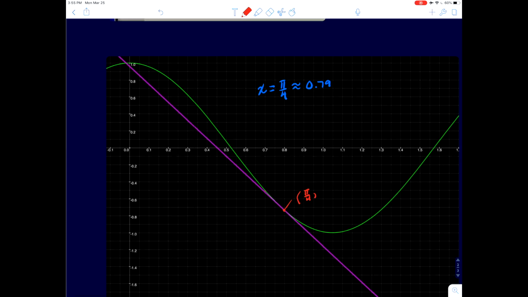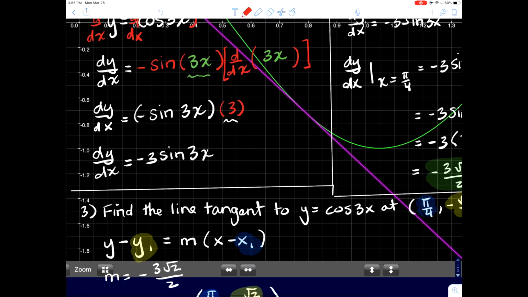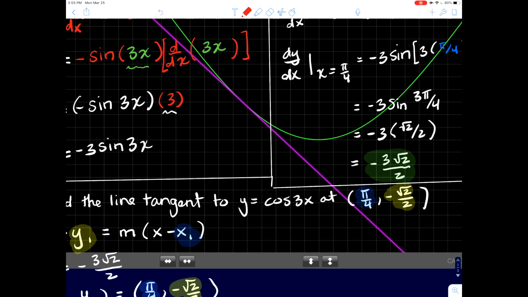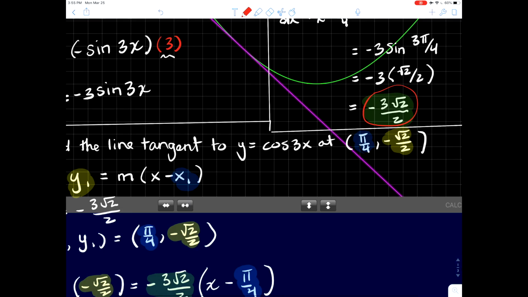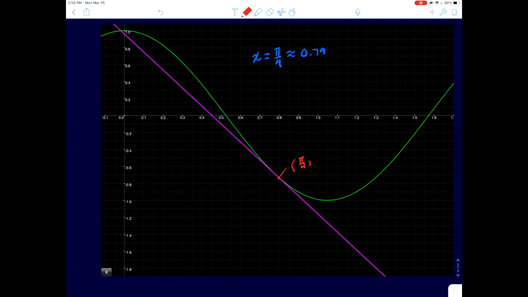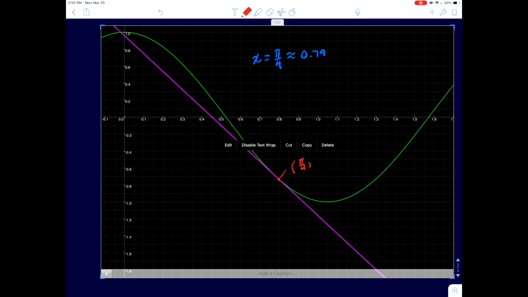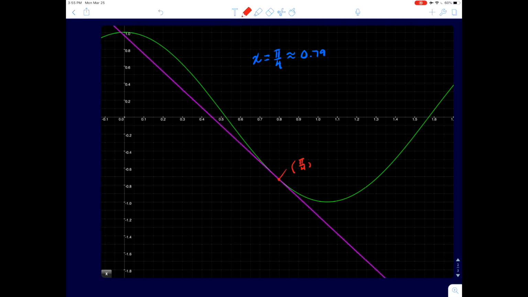So remember that we had found that up here, right? So I'll write that, since we plugged it in like this, as negative 3 over root 2.